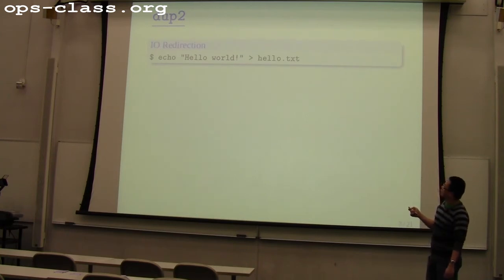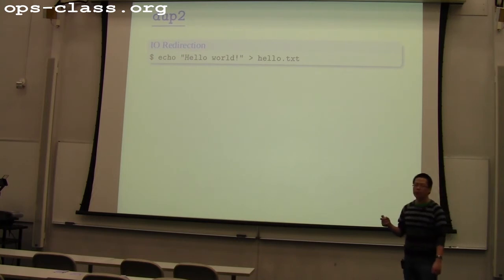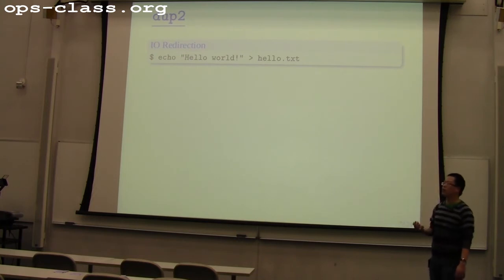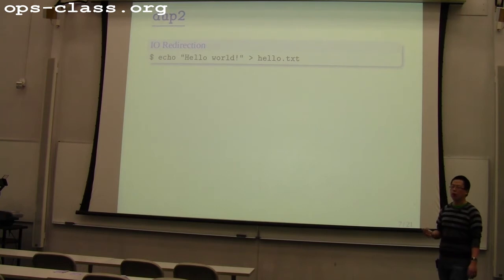Now suppose we know that the shell supports I/O redirection, right? That means instead of printing the content to the console, I want to print the content to some file. So there is a special symbol here, meaning redirect the output to this file instead of printing it.